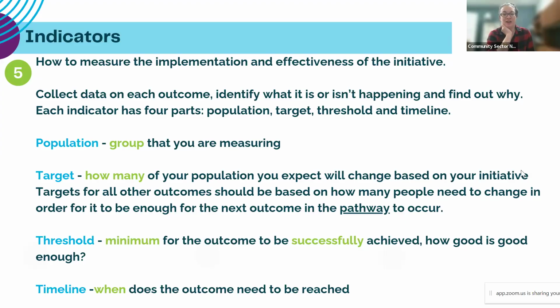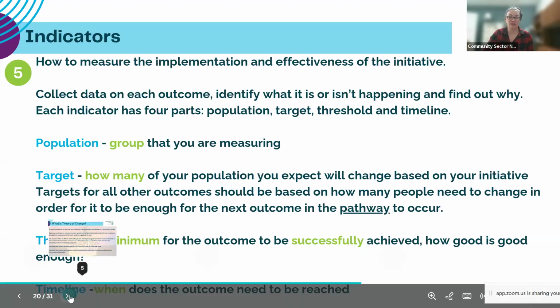And then your target is sort of your ultimate dream of how many people you'll be able to service, but likely within that target, not everyone will be successful in getting all the way through the program for any number of reasons. And so what's the threshold in your organization's mind? That's that minimum. And then your timeline is when does this outcome need to be reached?